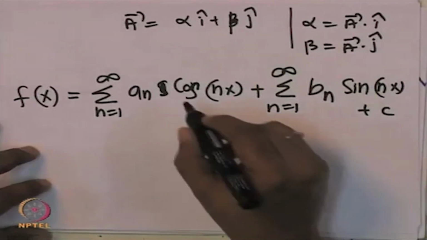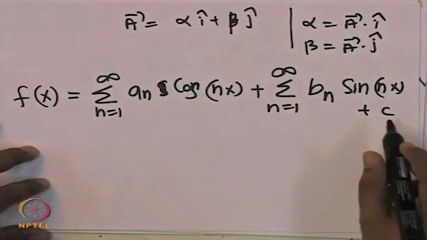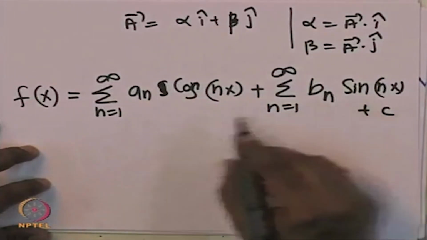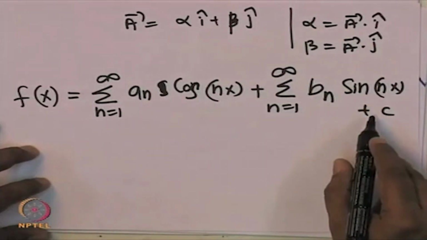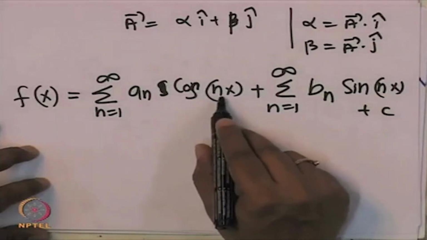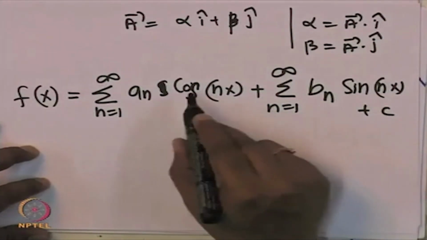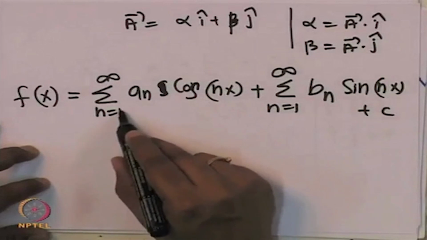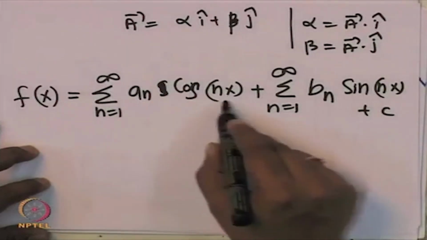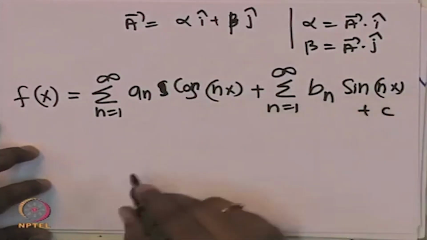In fact, if you wish, this c can be written here itself by starting the sum from 0 to infinity. So, it will be a 0 here, but it does not matter. Let me write it like this.